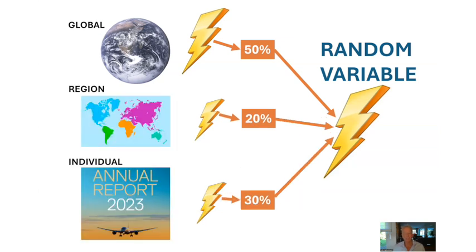When it comes to the randomly generated variables to determine the default time for airlines, we have the global variable, the regional variable, and the individual one that is unique to each airline. Here the weights were 50, 20, 30, and this same intern did this, and the data she used was time series of expected default frequencies for airlines by the KMV Corporation.